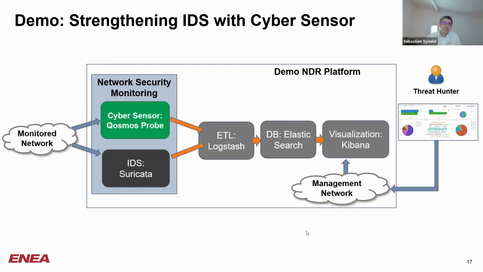And it's also used to create custom traffic categories, like a whitelist or blacklist, based on the classification result from a cyber sensor. Then this transformed data is inserted into a database, here Elasticsearch, and the visualization and dashboards are made using Kibana.